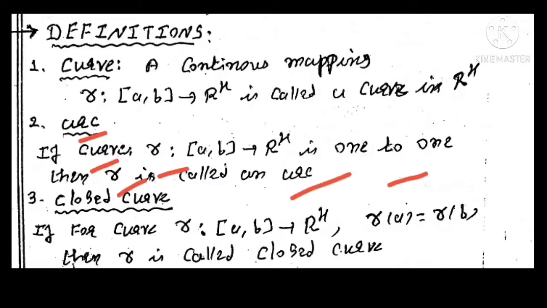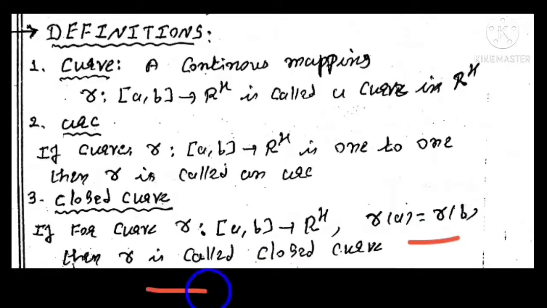The next definition is closed curve: if for a curve from AB to R^k this holds, then this is called a closed curve.